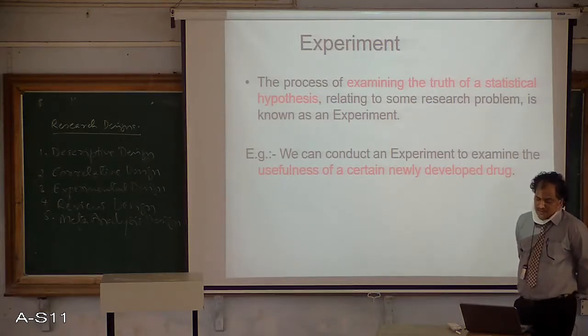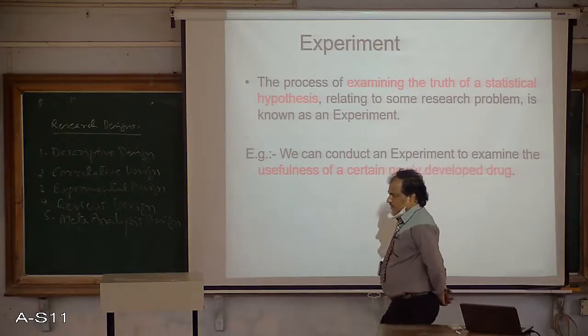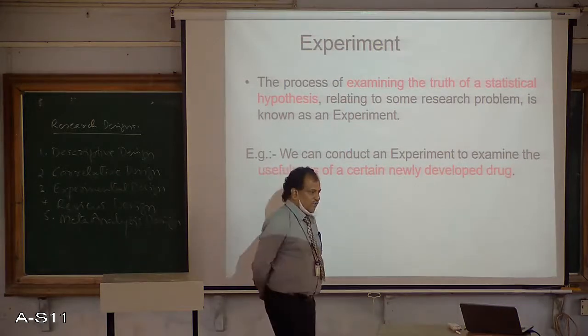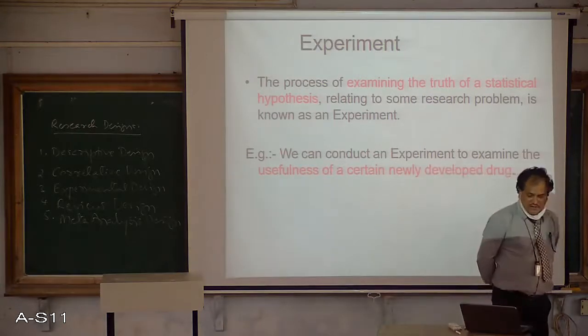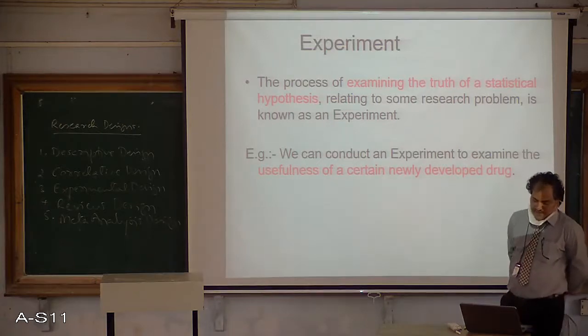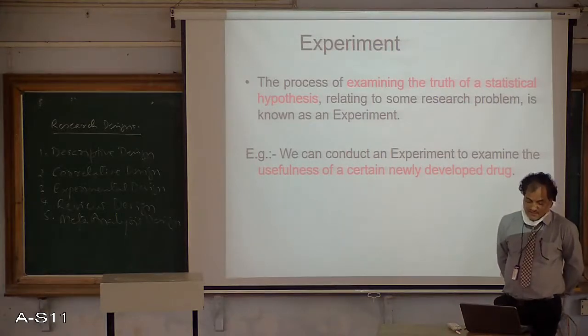The process of examining the truth of a statistical hypothesis. If you are validating to what extent this particular thing is true statistically, if you are trying to examine that relating to your research problem, then it is known as an experiment.